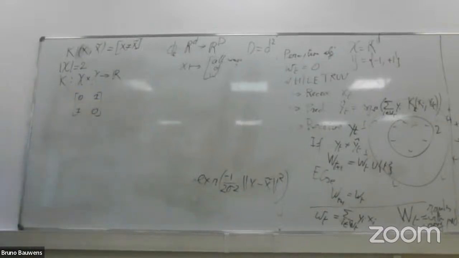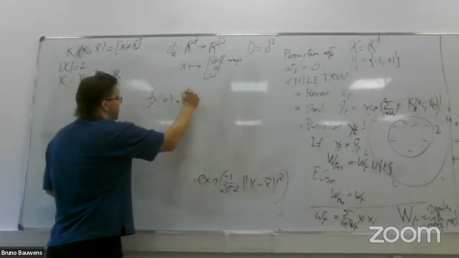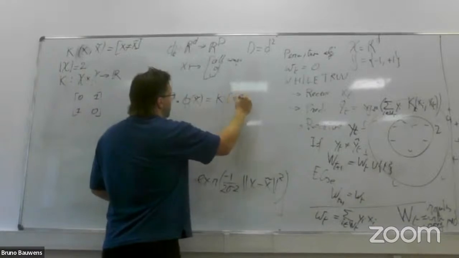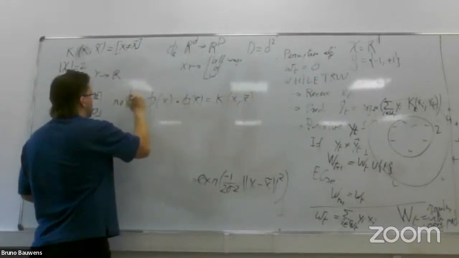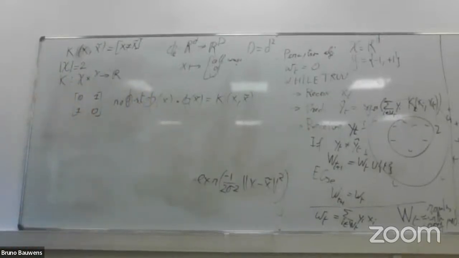So now I claim that there exists no implicit mapping phi such that phi(x) times phi(x tilde) equals k(x, x tilde). No phi such that. So how do I prove this?